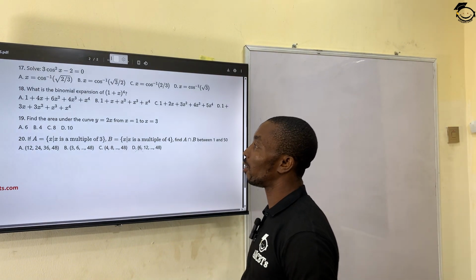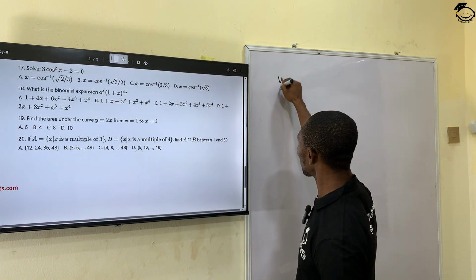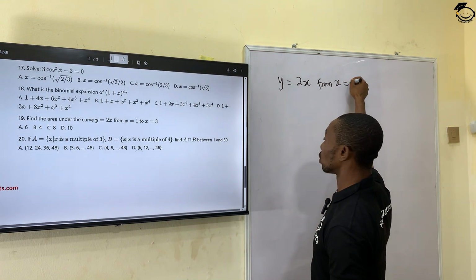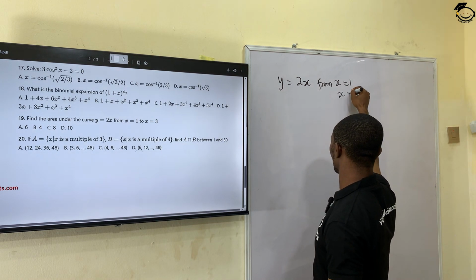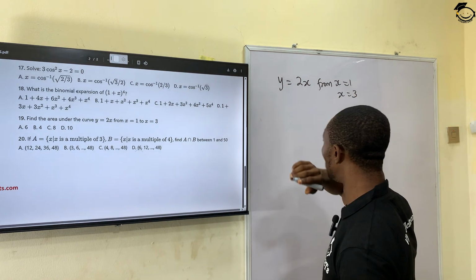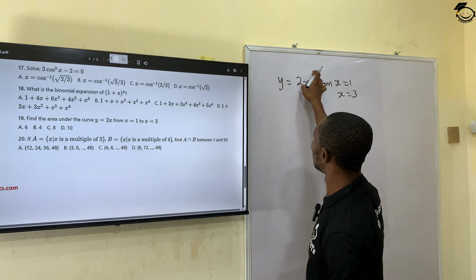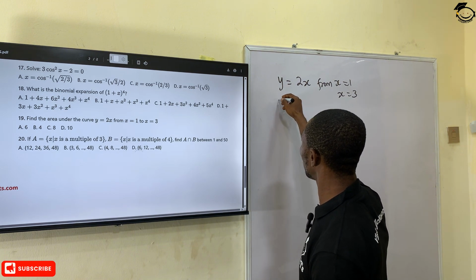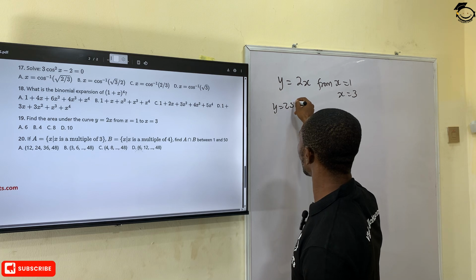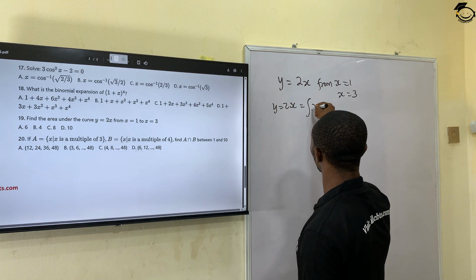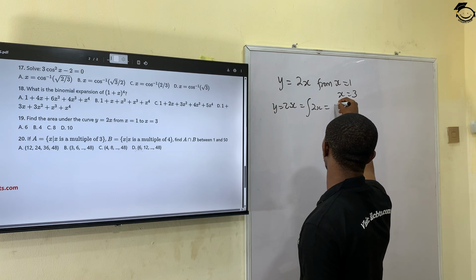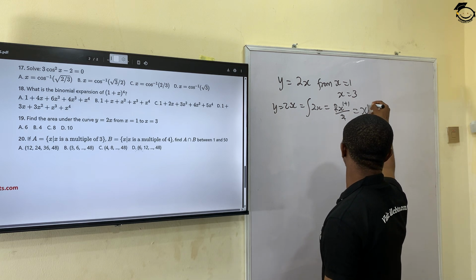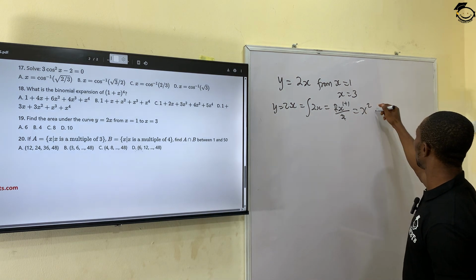Find the area under the curve y equals 2x from x equals 1 to x equals 3. In doing this, we'll first integrate. If we find the integral of y equals 2x, that will give us 2x to the power 1 plus 1, over 2, which is x squared, plus c.